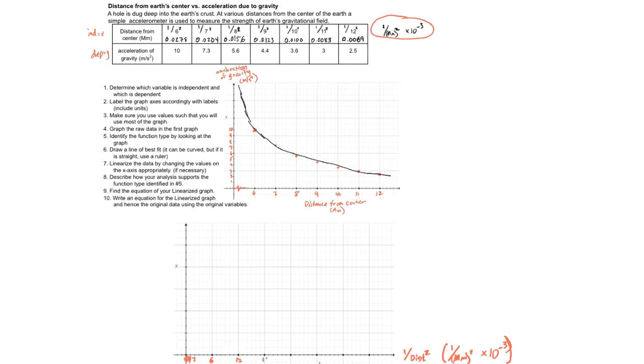Similar as before. Add 6 every time. 24, 30, 36. That should give me plenty of space already to be able to fit all the way up to that 27.8. On the y-axis, again, that doesn't need to change.